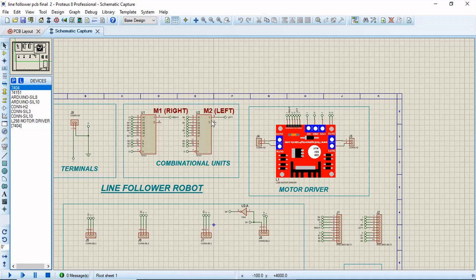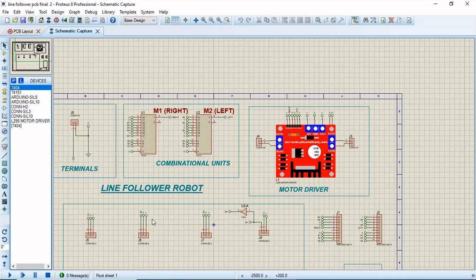Then there are the sensors. First one represents positive, meaning VCC, the second one represents ground, and S1 is the output of the first sensor.